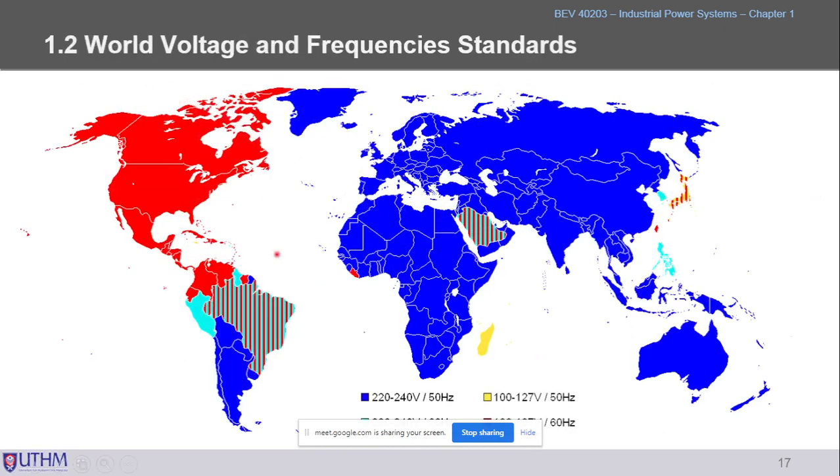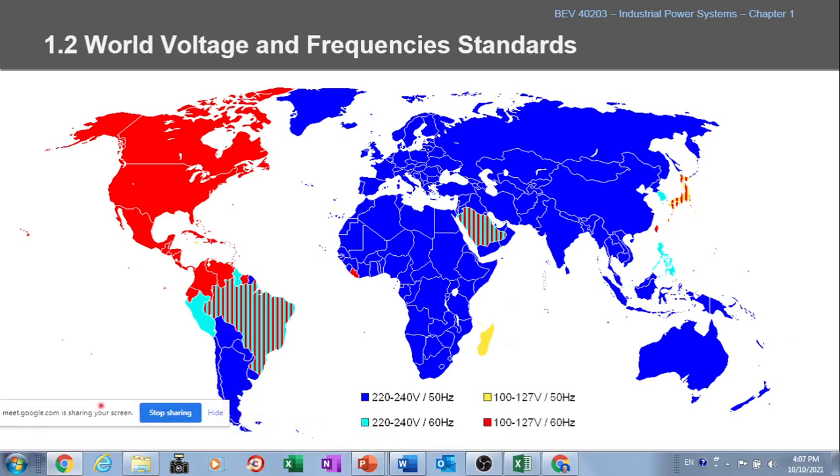So this is the worldwide voltage and frequency standards. The blue color is the same as us, which practices 50 hertz, 220 to 240 volts, depending on your transformer.